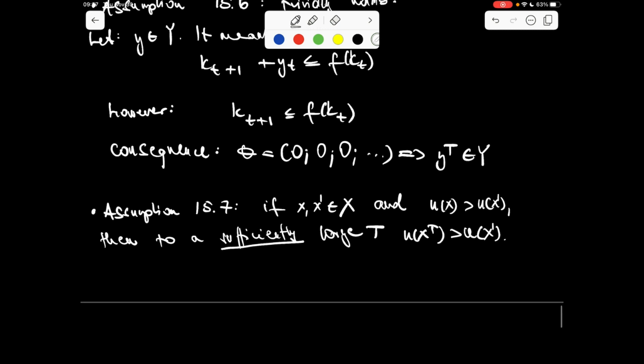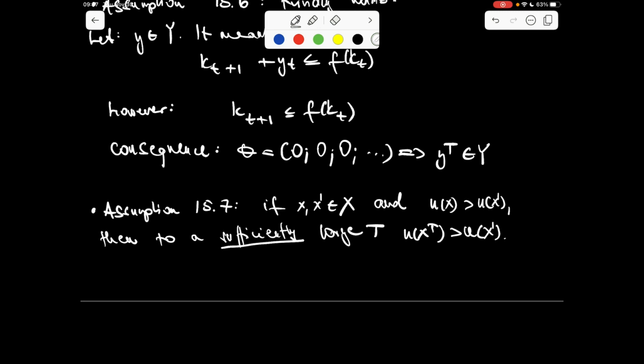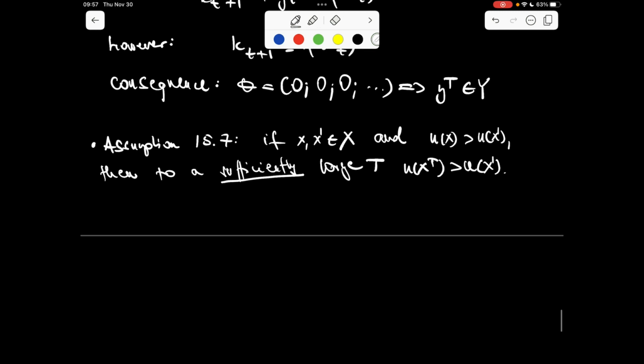So the truncated sequence remains preferred. How to show it?